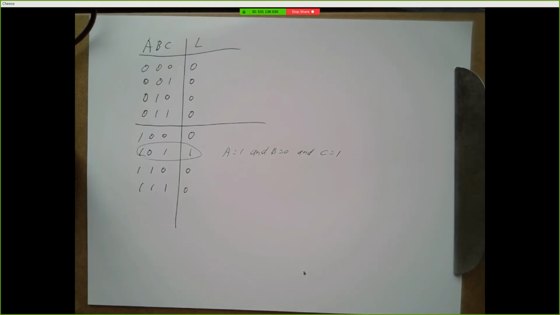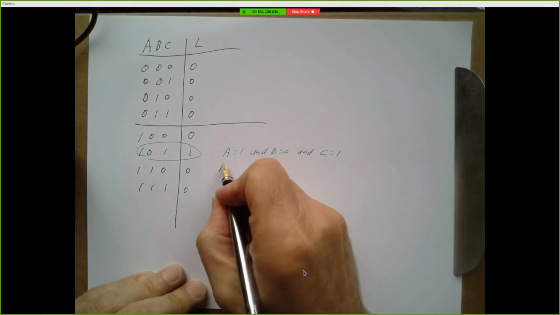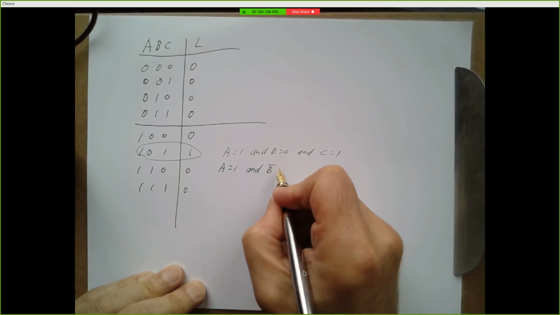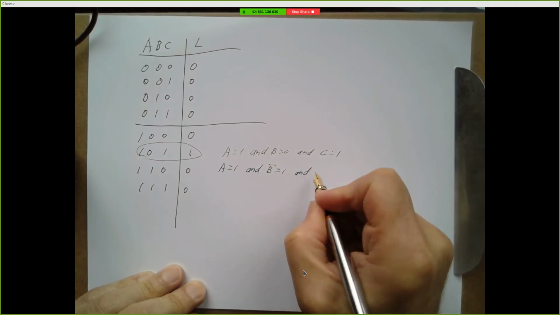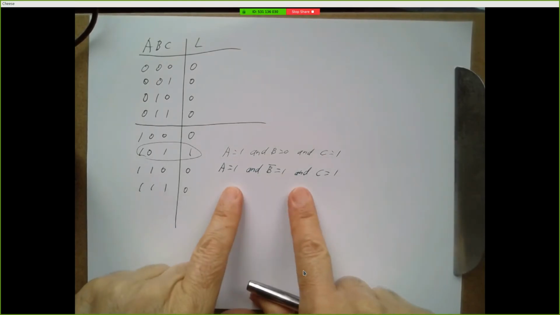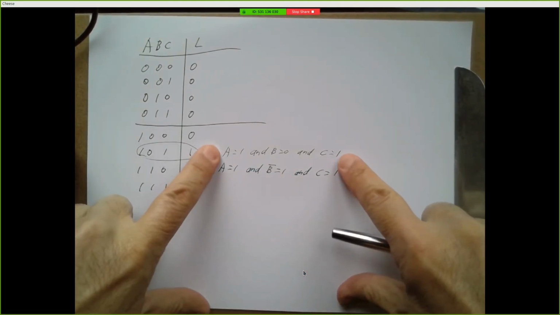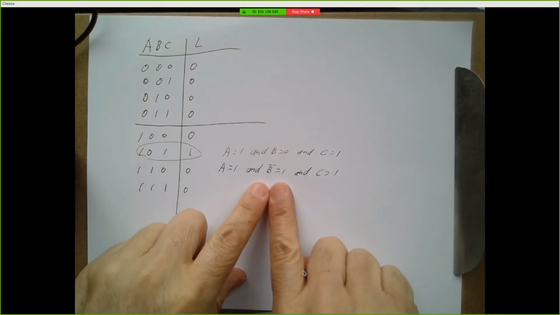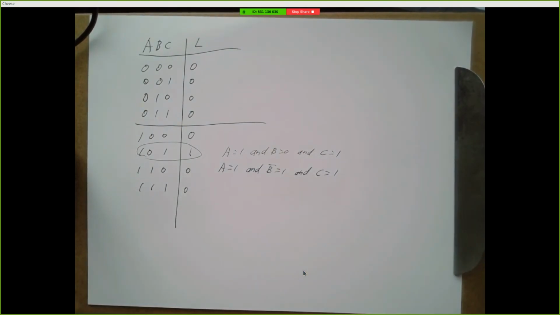But let me rewrite this slightly differently. How about this? A equals 1 and B bar equals 1 and C equals 1. Does everybody see that this is the same thing as that? Because if B is 0, then the complement of B is 1. So it's another version of saying B not.